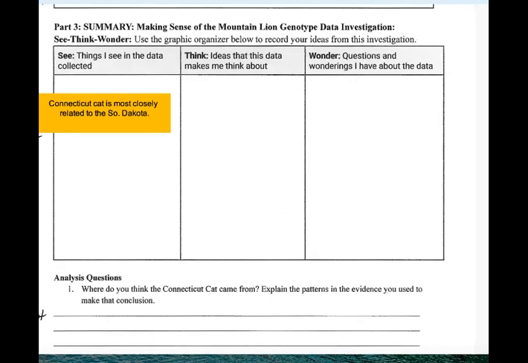And another thing that we noticed, we said it earlier, Texas and Florida are more closely related.